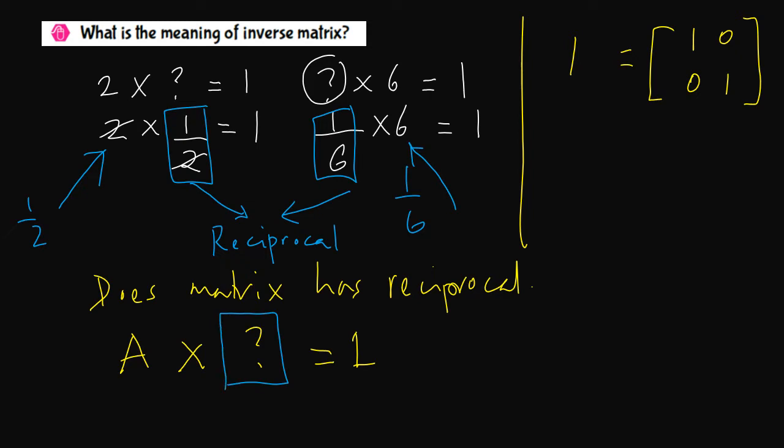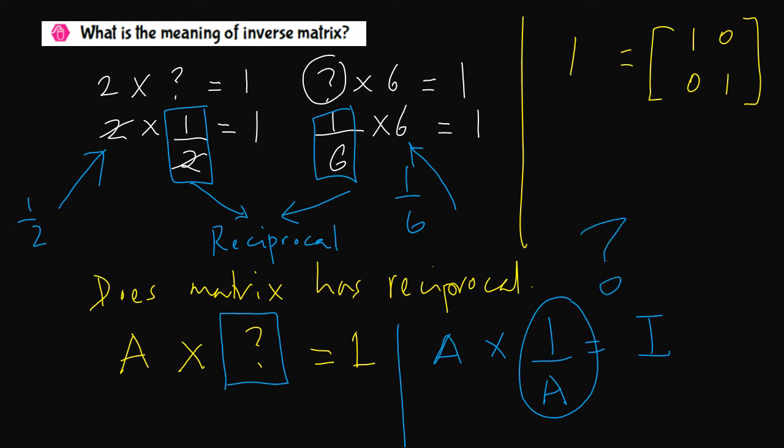Is the reciprocal, A times 1 over A, going to give you the identity matrix? Wow, this is a big question mark. Okay, so yes, we have a reciprocal matrix.